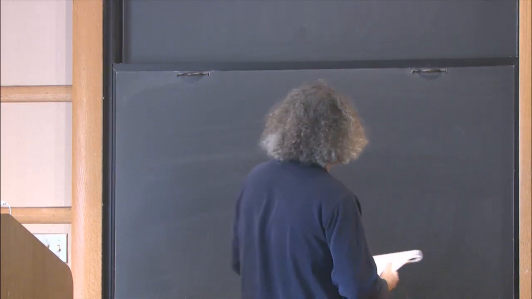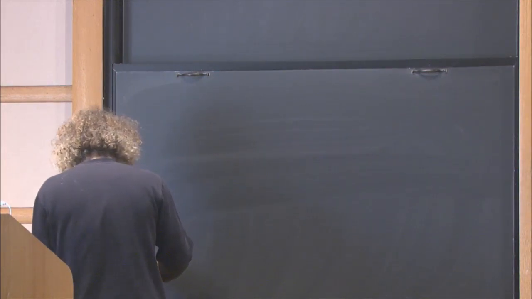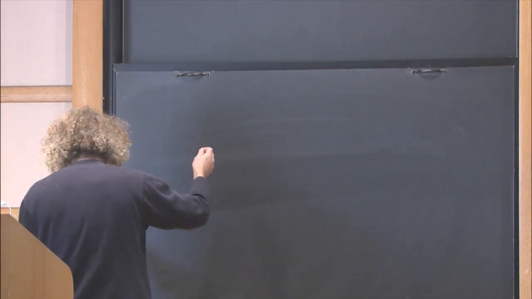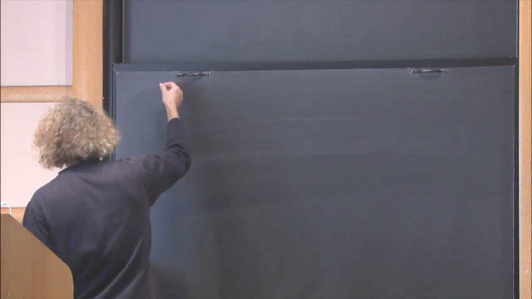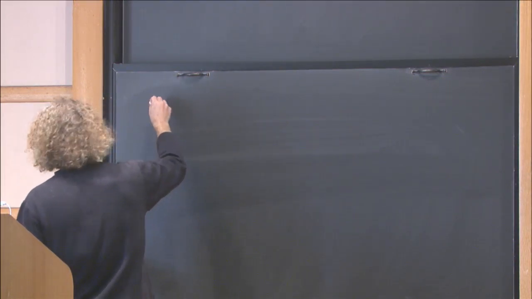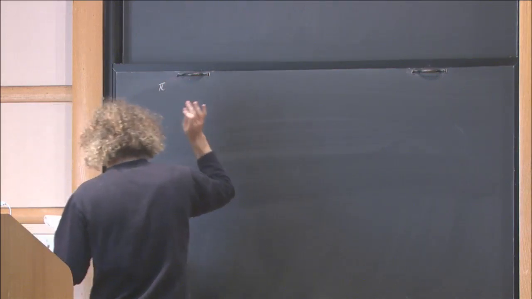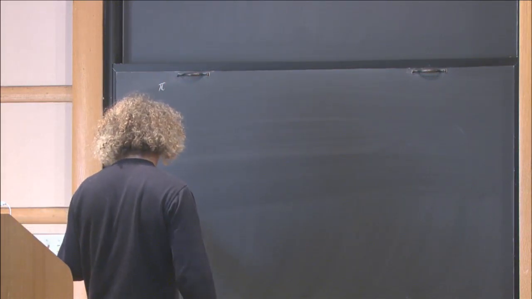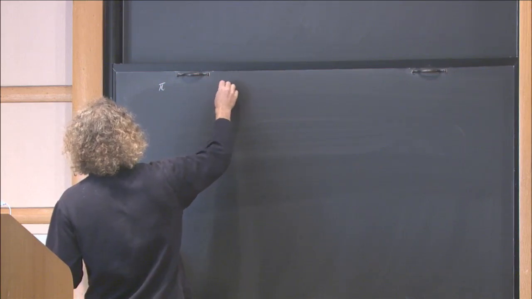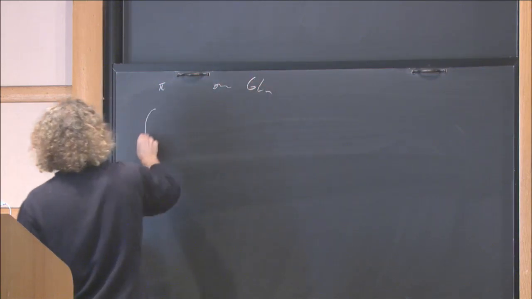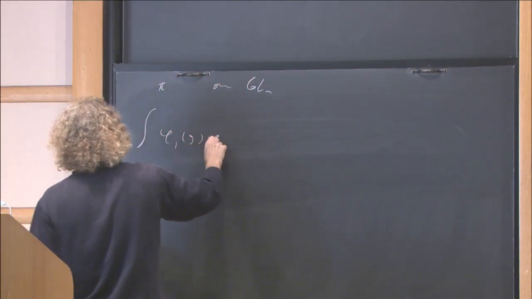Okay, another important Rankin-Selberg that I mentioned is, of course, the GL_n times GL_n case. So now you have pi. Let's just stick to single pi, although you can do it with two of them. Doesn't matter, on GL_n, and then you look at the phi_1(g), phi_2(g).